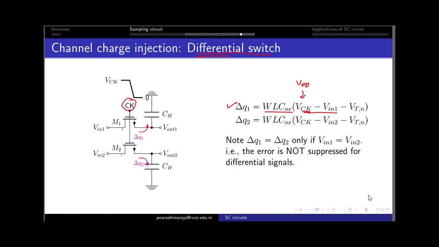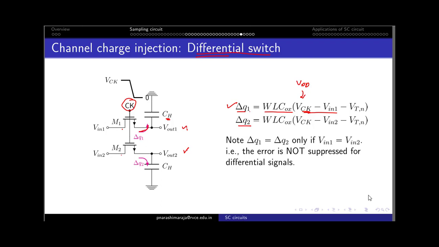Clearly we can see that the channel charge stored under transistor M1 and the channel charge stored under transistor M2 is represented in this case. Now if I am able to read Vout1 and Vout2 differentially, which means reading these two nodes differentially, then the error caused by the charge movement across the output capacitor would impact in the same way.